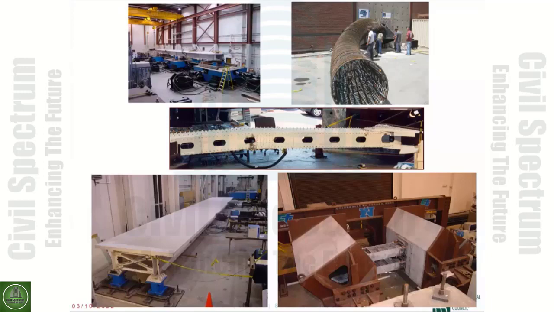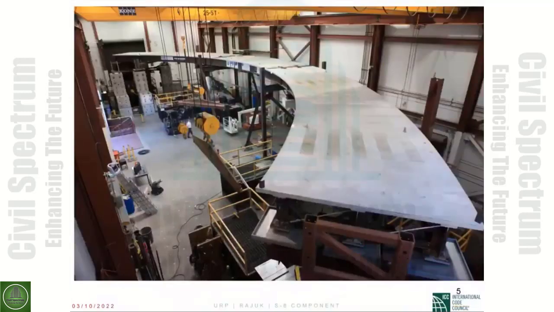We wanted to see the behavior of the links between the two towers. These are what we call shear links, and they are intentionally designed to yield during a seismic event so that we can dissipate the input motion of the earthquake.